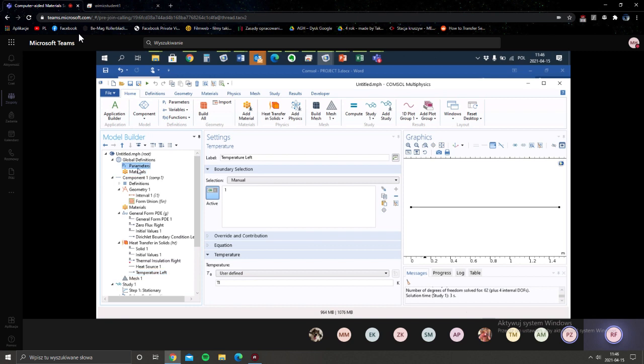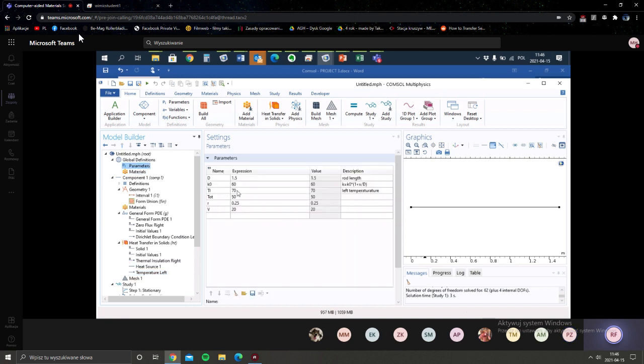Probably, as I understand your question, is this temperature here provided in Kelvin or in Celsius? I know that in parameters it is Celsius degree. If we do not provide a unit, it is always SI unit. Okay, I understand. The SI unit for the temperature is always Kelvin. Okay, thank you. So you must be very careful here.